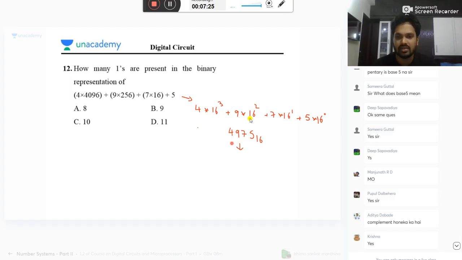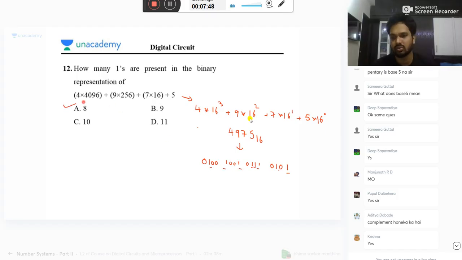How to convert hexa into binary? Replace every digit with its 4-bit equivalent. 4 means 0100. 9 is 1001. 7 is 0111, and your 5 is 0101. That's all. So how many ones are there? 1, 2, 3, 4, 5, 6, 7, 8.